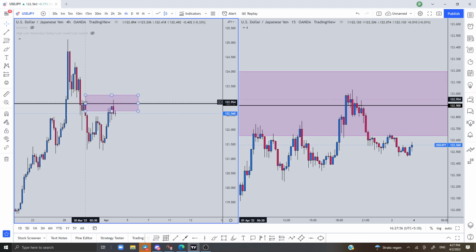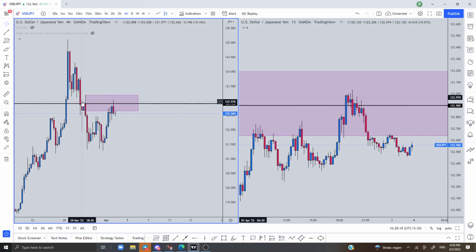The time it took from this place to this place was maybe 1, 2, 3 candles only. But when the price is returning to that zone, it is taking more than 20 candles.